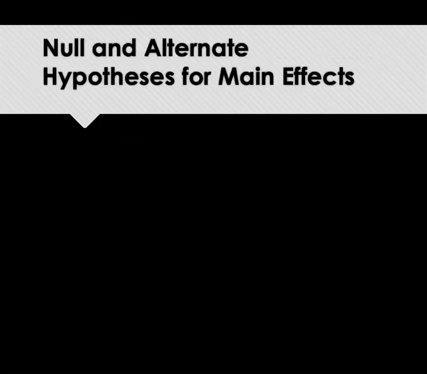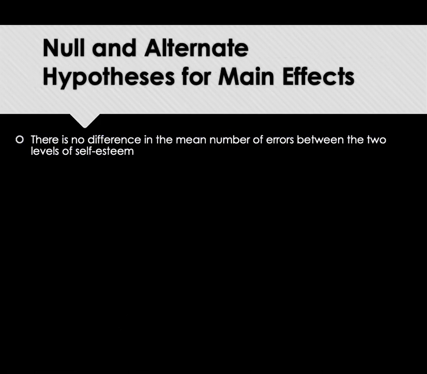So again, we're so far just focusing on main effects, right? We're going to ask and compute 3 F ratio values, and the first 2 are main effects. So the null hypothesis would be that there are no differences in the mean number of errors between the 2 levels of self-esteem, right?